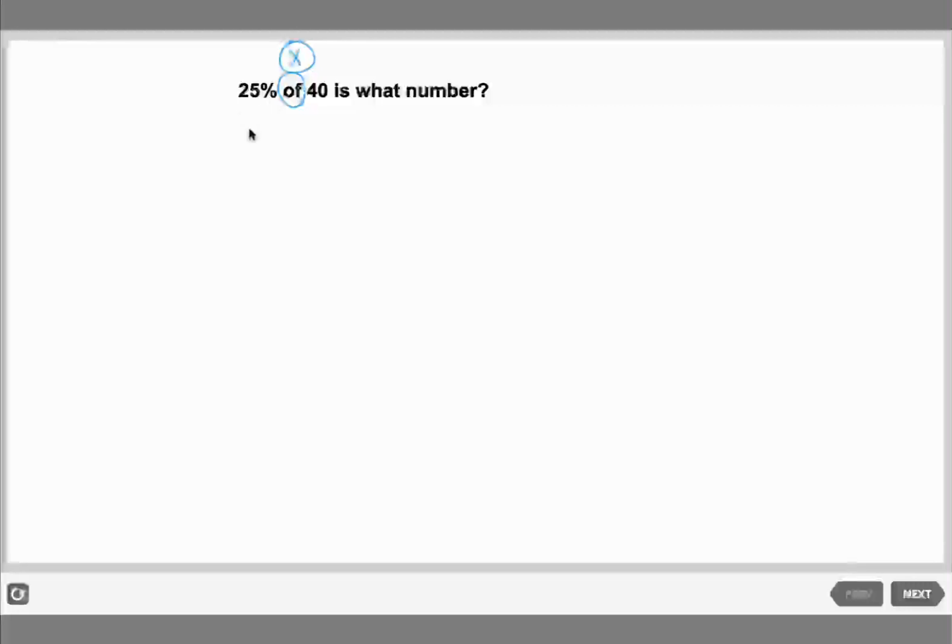What is 25%? 25 over 100. Great. In the simplest form, we know that this is 1/4. Right? So 25% of 40 is 1/4 of 40.